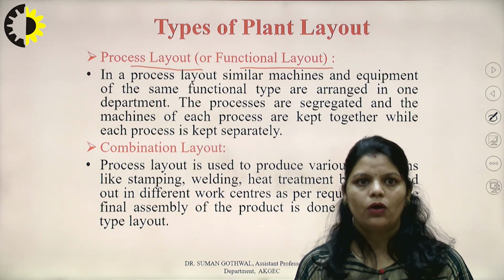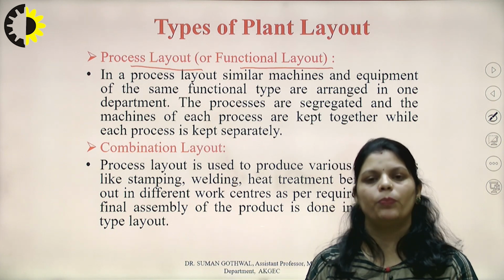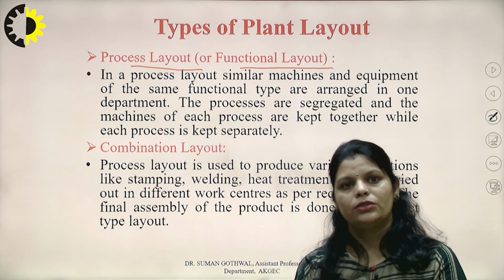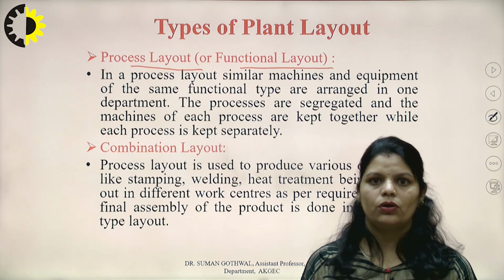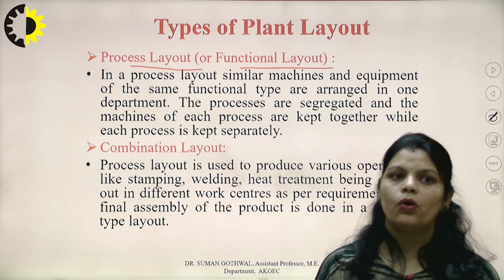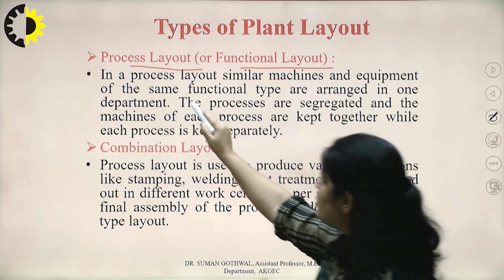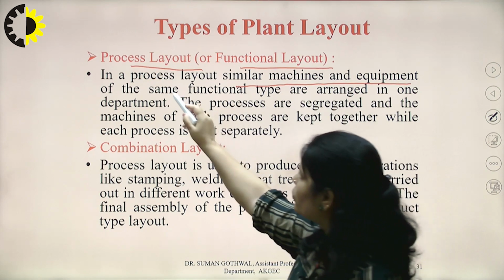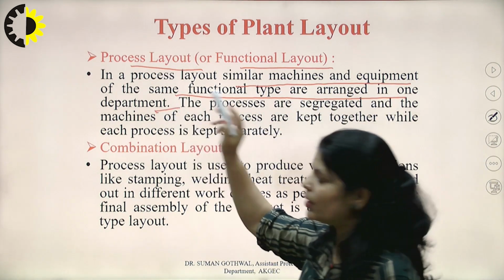In this layout, the machines are not arranged in the sequence of operations, but according to the nature or type of operations. It is commonly suitable for non-repetitive jobs. Here, similar machines and equipment of the same functional type are arranged in one department.